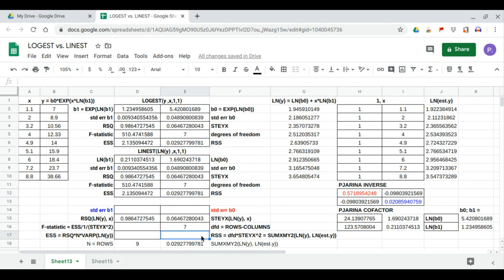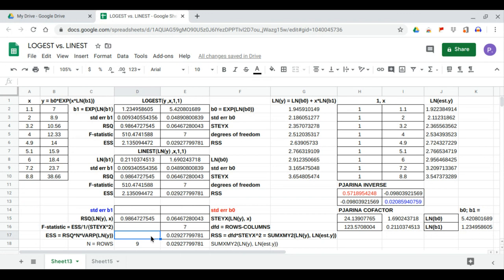We can also use the DFD times sey squared formula, which is equal to DFD, degrees of freedom denominator, times sey to the power 2. Again, we have the same value, 0.02927799, which matches to our calculation of SUMXMY2, RSS of the LINEST output, and RSS of the LOGEST output.